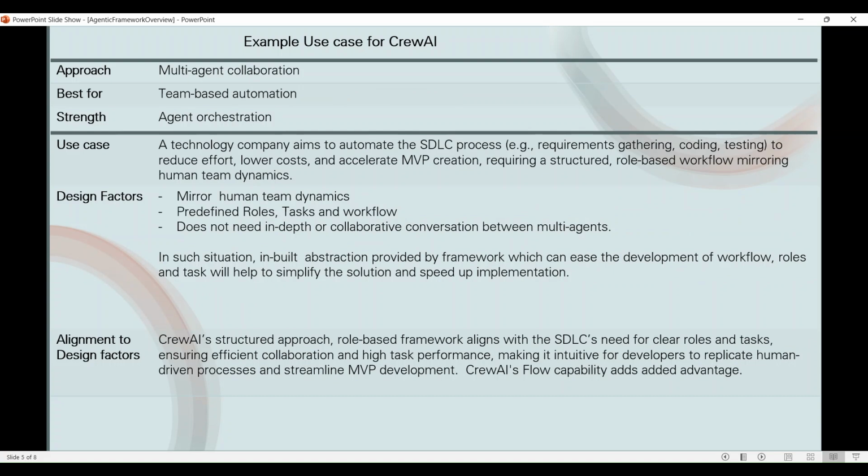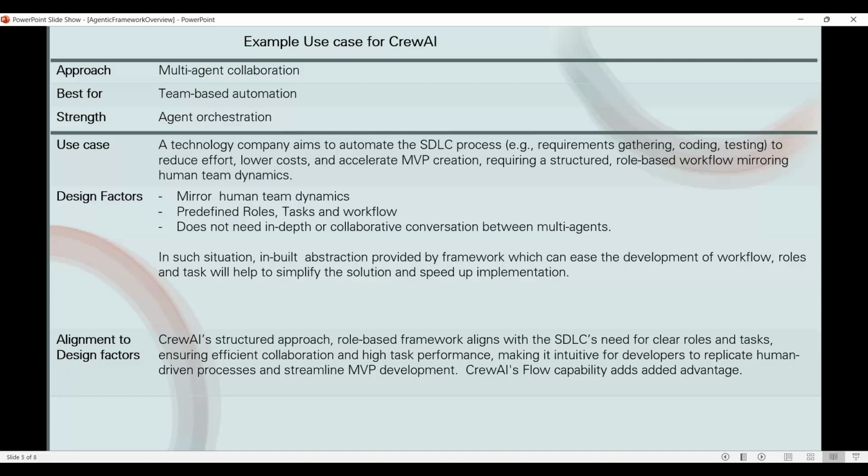Now we go to one more use case. A technology company aims to automate the SDLC process, reduce effort, lower cost, accelerate MVP creation, requiring a structured role-based workflow approach. So for this requirement, if we see the design factor, it is mostly inclined towards mirroring human team dynamics, with predefined roles, tasks, and workflow, and does not need in-depth or collaborative conversation between multiple agents.